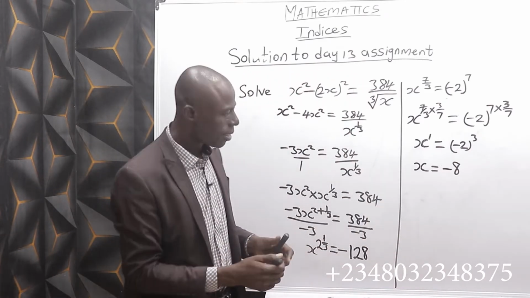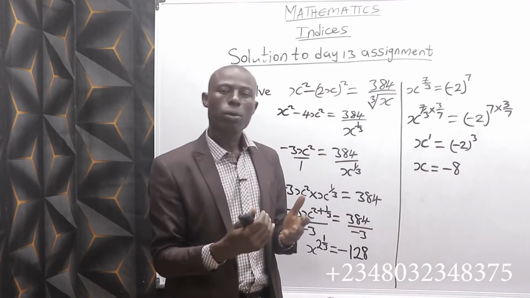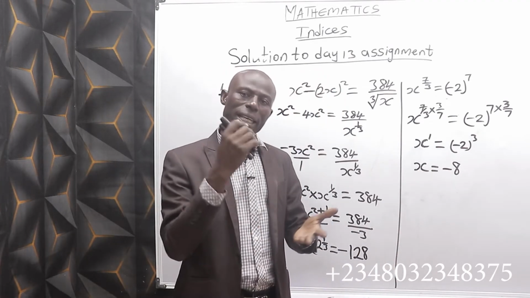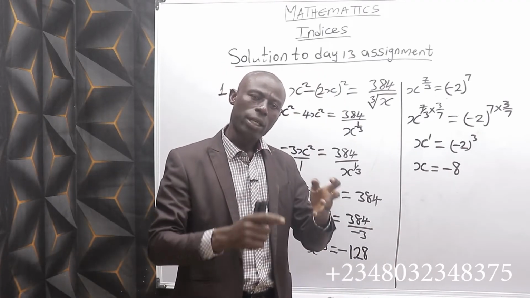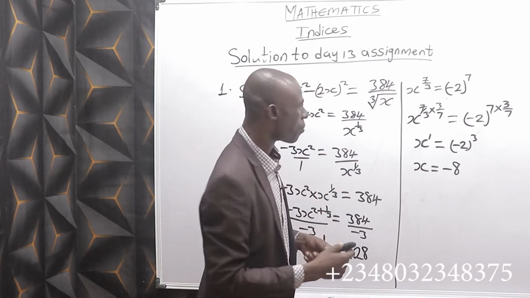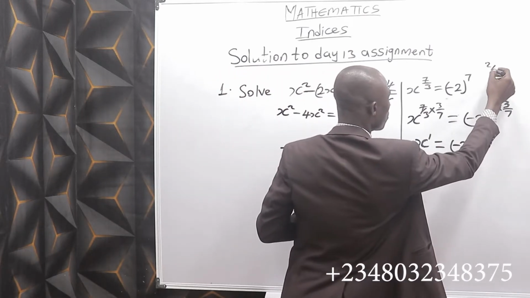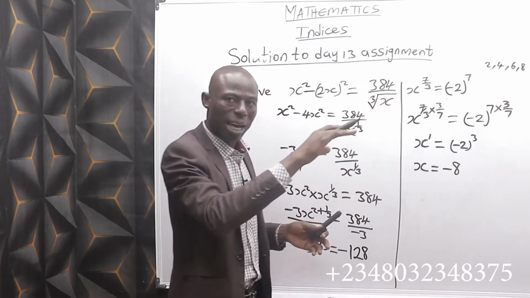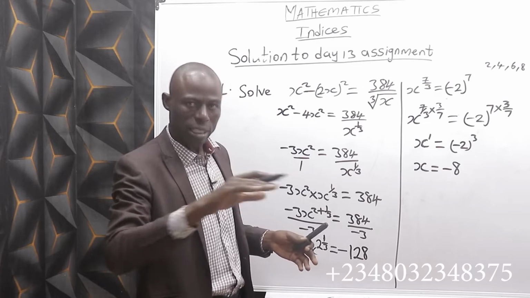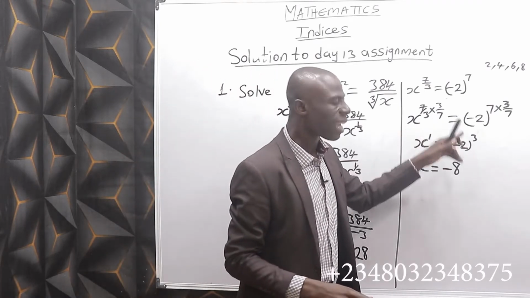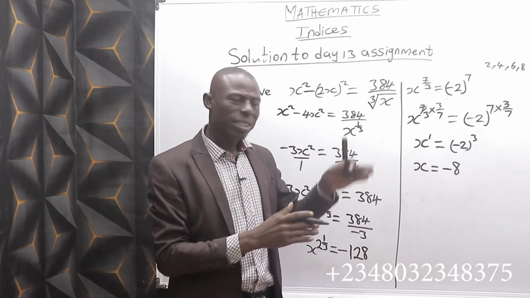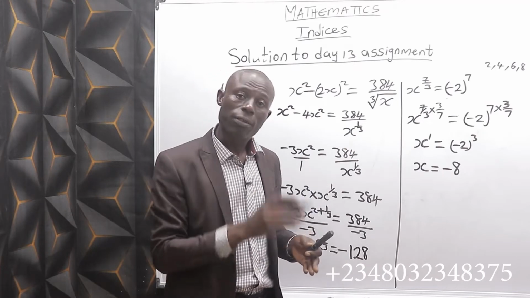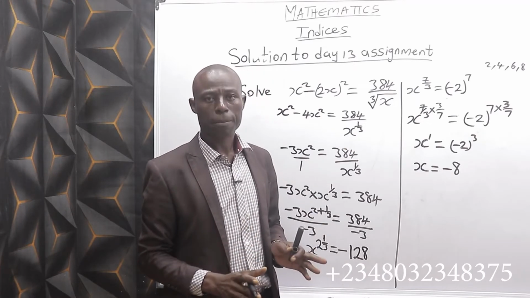Why negative 8? Whenever you raise a negative value in even power, when I say even power, power 2, power 4, power 6, power 8, and so forth, those are even indices. The negative value that we raise in any even power will give us a positive answer at the end of the day.